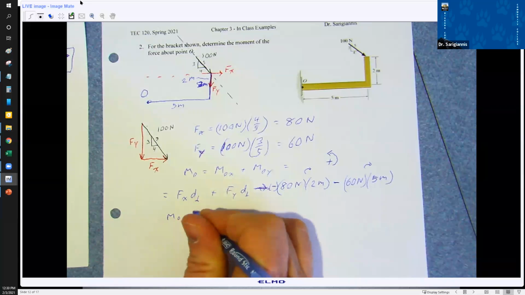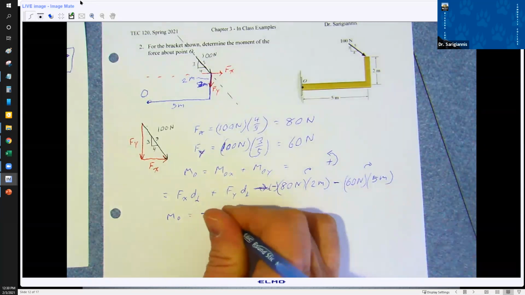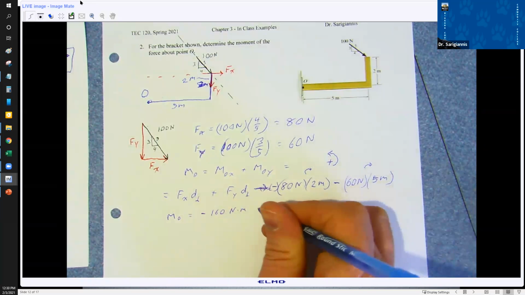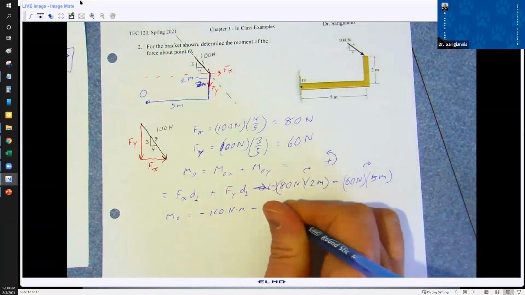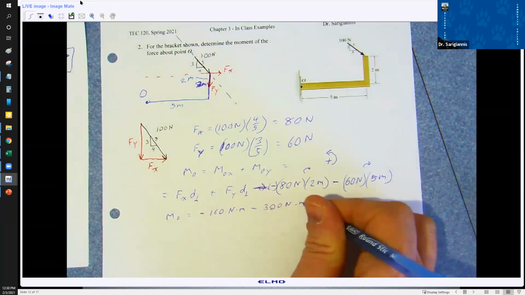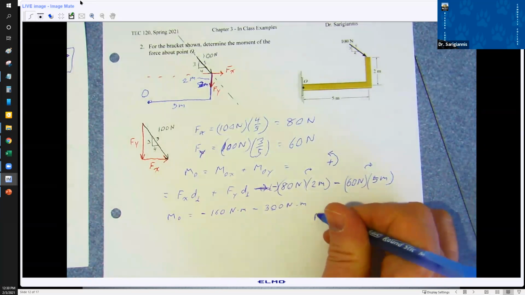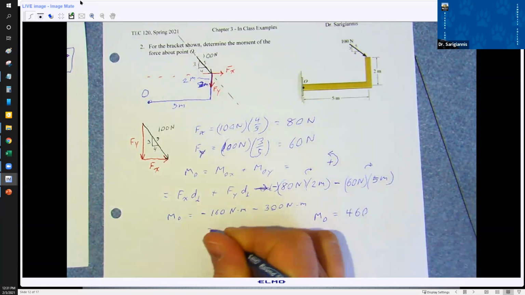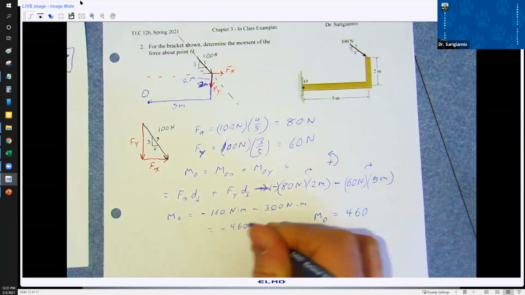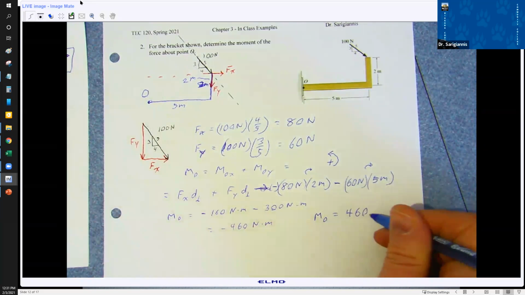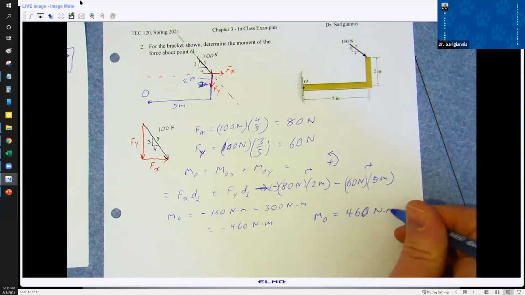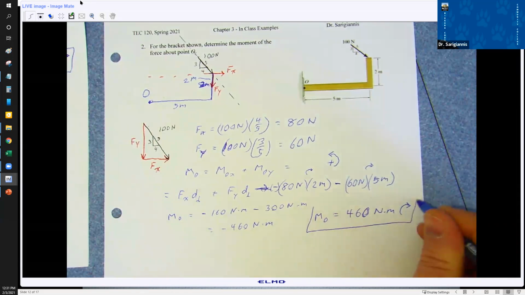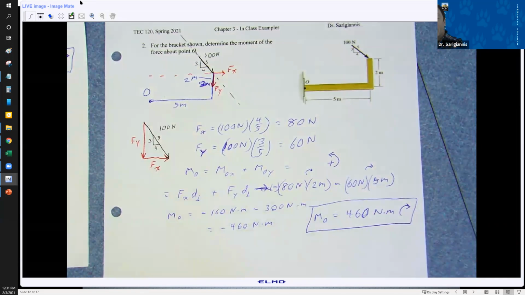So the overall moment is negative 160 Newton meters minus 300 Newton meters, and this gives us a moment about O of minus 460 Newton meters. I'm going to rewrite this as 460 Newton meters with a clockwise arrow, or you can write out clockwise.